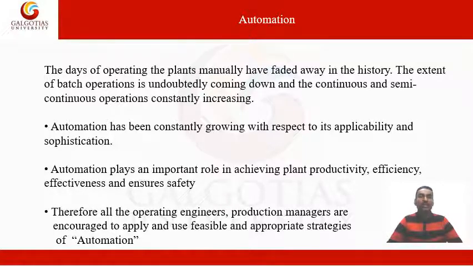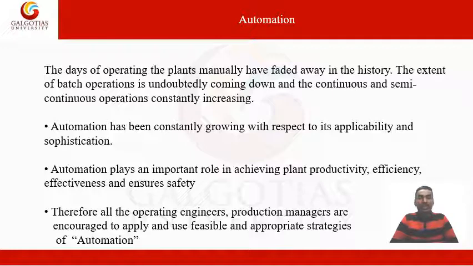Rather than just speed, the efficiency and effectiveness are greater compared with the manual approach, and we can reduce human work and the time taken to do chemical applications manually. Automation has been constantly growing with respect to its applicability and sophistication.